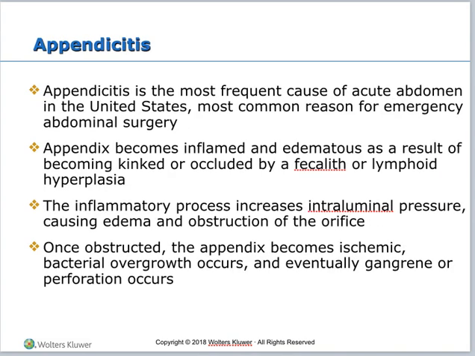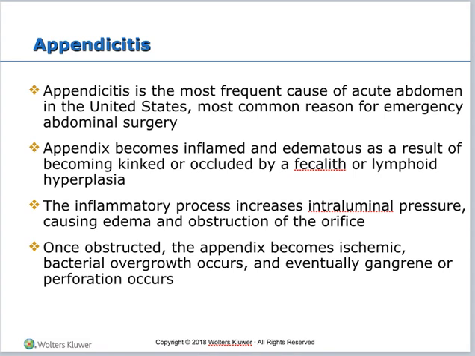Appendicitis. So, appendicitis is an acute inflammation of the appendix, usually related to an infection after blockage of the appendix. It's one of the most common causes for acute abdomen and the most common reason for emergency abdominal surgery. It's most common in young adults.